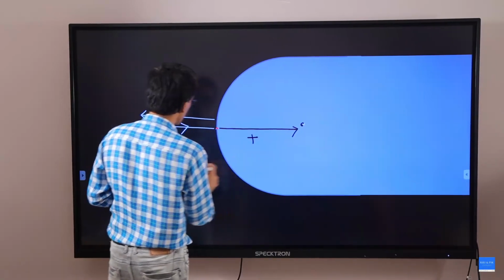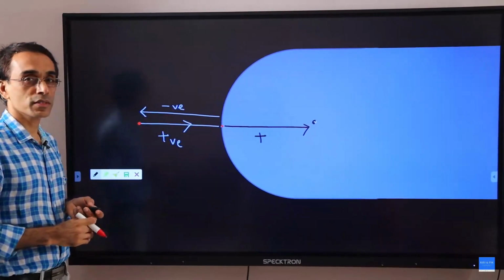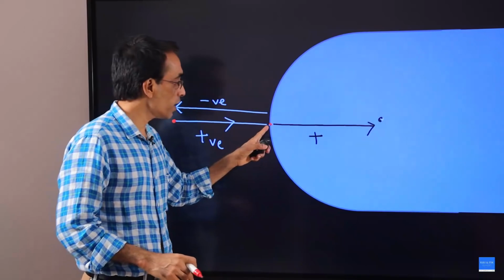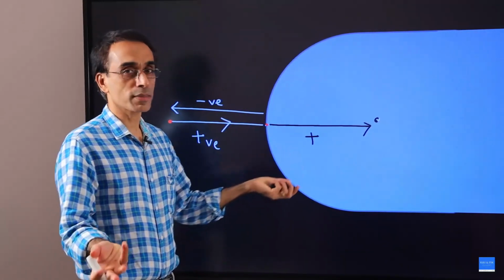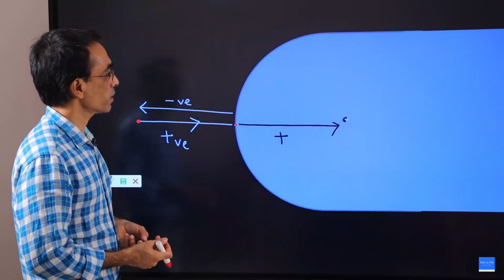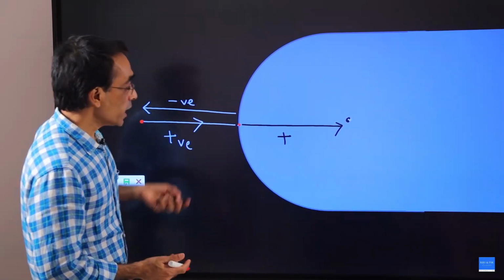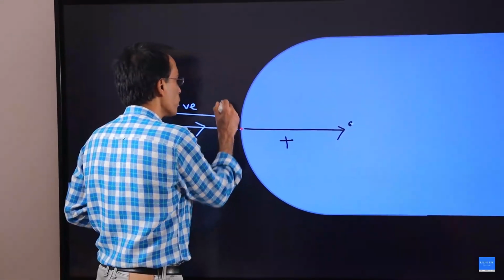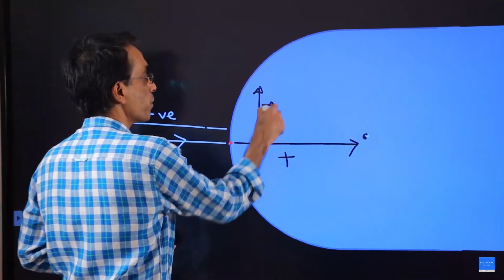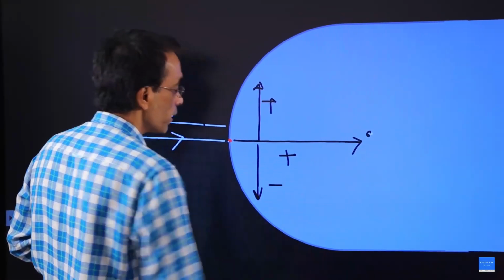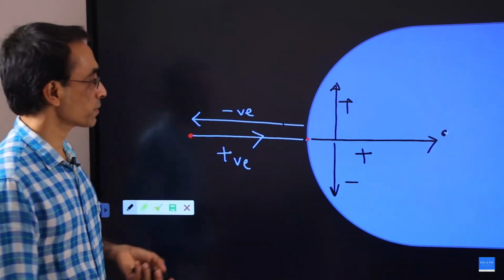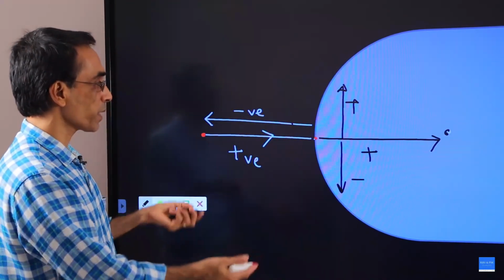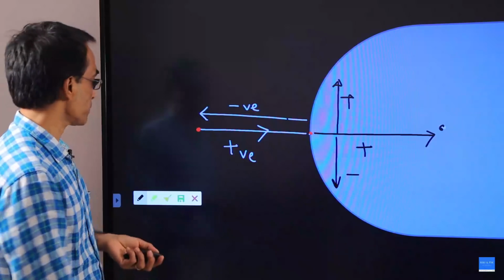So that will become positive because it is in the direction of the light. All measurements must be from the surface here. You can call it a pole. If you measure anything like a height upward, that should be taken positive, downward should be negative. Same concept. In the case of a mirror, you were following the same thing.